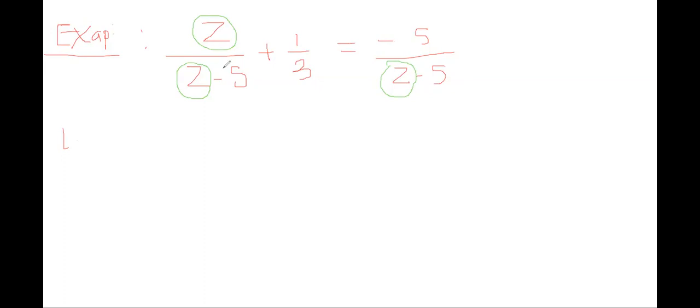They don't have any power, but as I said, if there is no power written on top of a variable, you can assume that it's 1. So the highest power there is 1. And as I said, when the highest power within an equation is 1, then we classify that equation as linear.